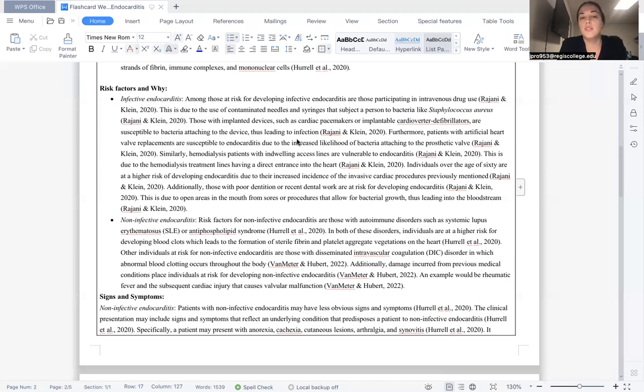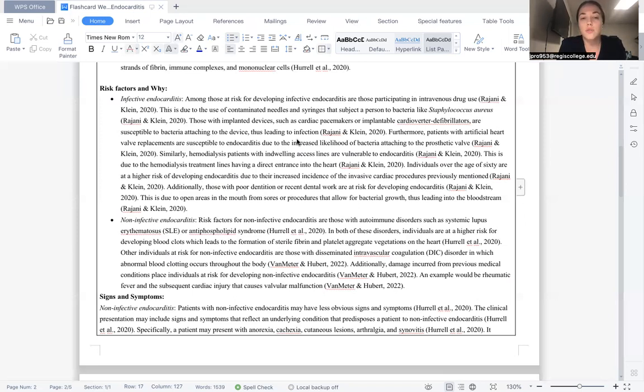It's very similar to those who are on hemodialysis that have indwelling access lines, because those lines have a direct entrance into the heart. We see individuals who are over the age of 60 being at a higher risk of developing endocarditis, because they are more likely to be undergoing invasive cardiac procedures like the ones previously mentioned.